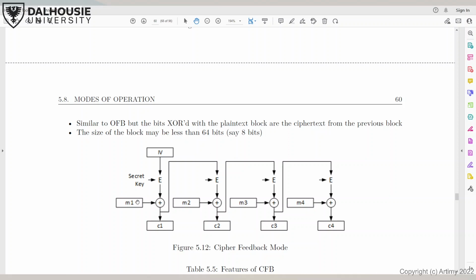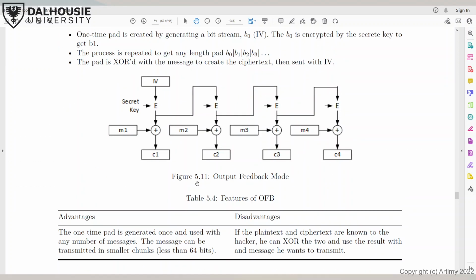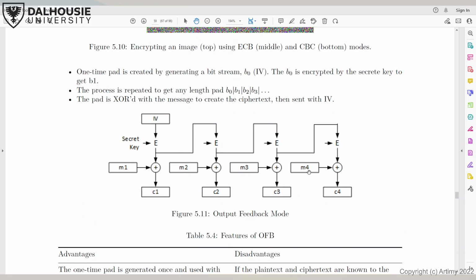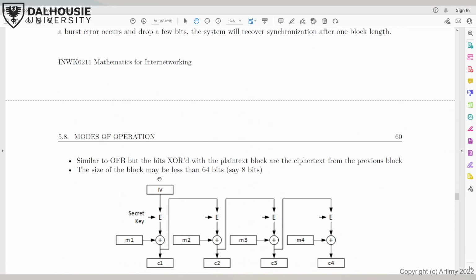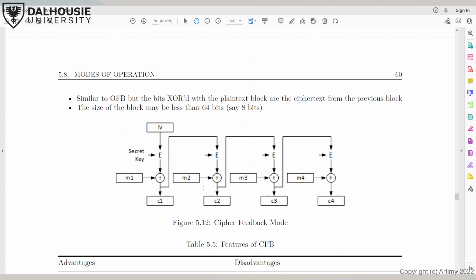So we still need the message to generate these keys, or these vectors, I would say, that we need to XOR. For the previous one, we didn't need the messages at all to generate the one-time pad. But by taking the output after the XOR, we get this system here.